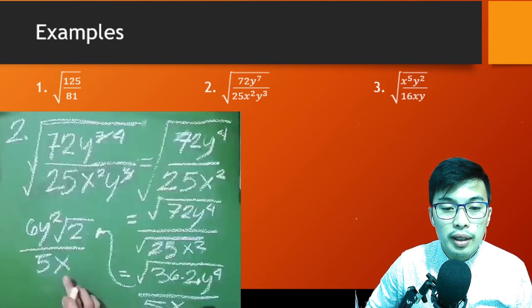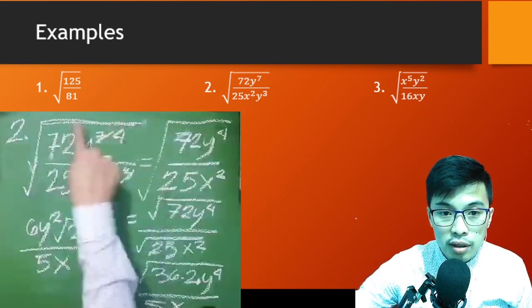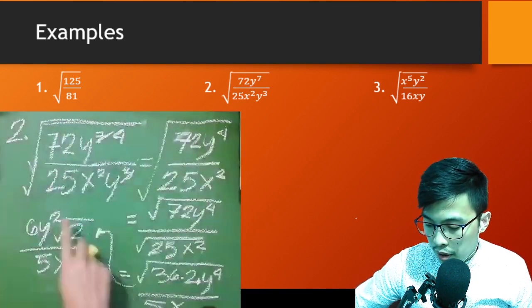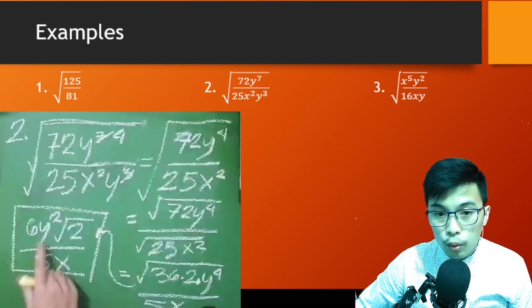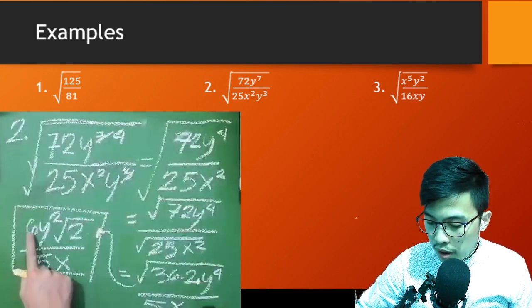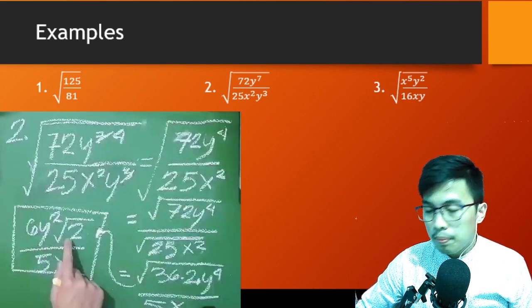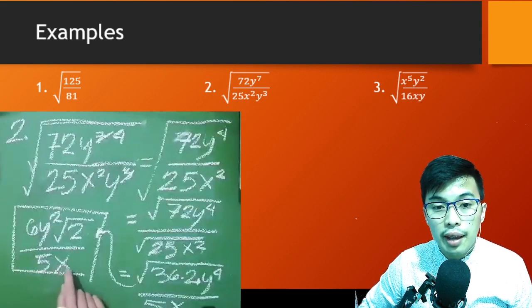So therefore, we can now say that the simplified form of this radical expression is 6y squared times the square root of 2 over 5x.